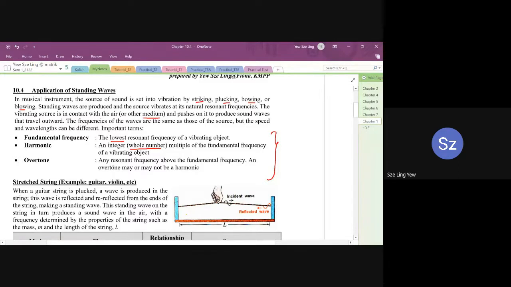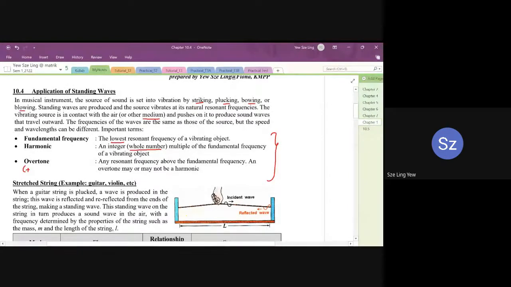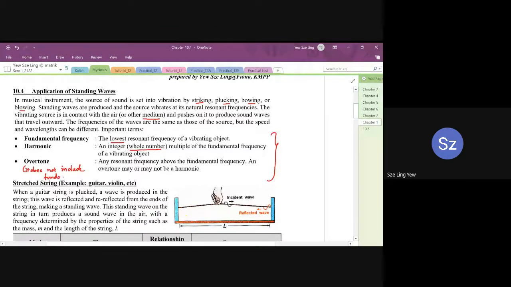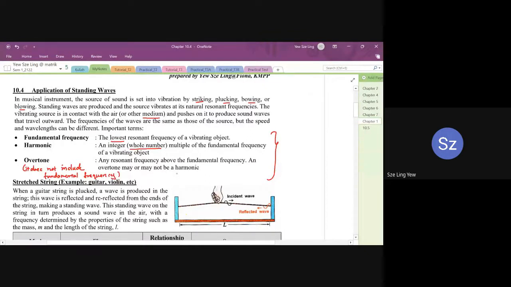So it does not include the fundamental frequency. That is the difference between overtone and harmonic. Overtone and harmonic might have the same value, but for overtone, it does not include the fundamental frequency.